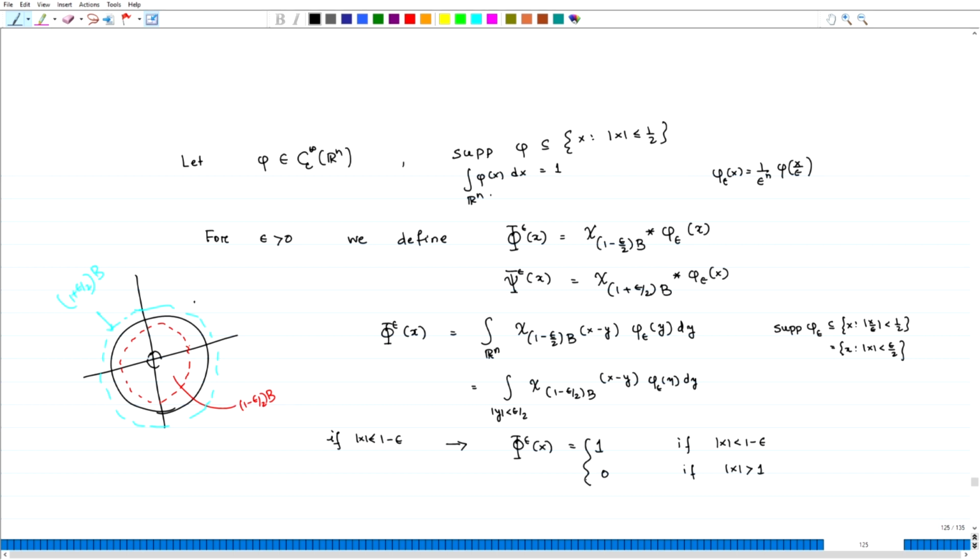With a similar argument, in exactly the same way, psi epsilon of x is equal to 1 if mod x is less than 1, and equal to 0 if mod x is greater than 1 plus epsilon. If it is greater than 1 plus epsilon, then x minus y is going to lie outside this blue ball. This is what one can easily compute.